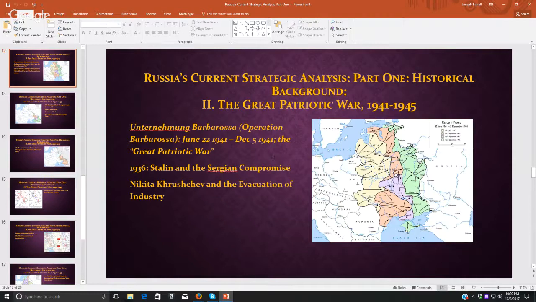Now, as all of this is being watched by the Soviets prior to the German offensive, in 1936, Stalin does an amazing thing. He strikes a bargain with the locum tenens of the Russian Orthodox Patriarchate of Moscow, a fellow by the name of Metropolitan Sergius.